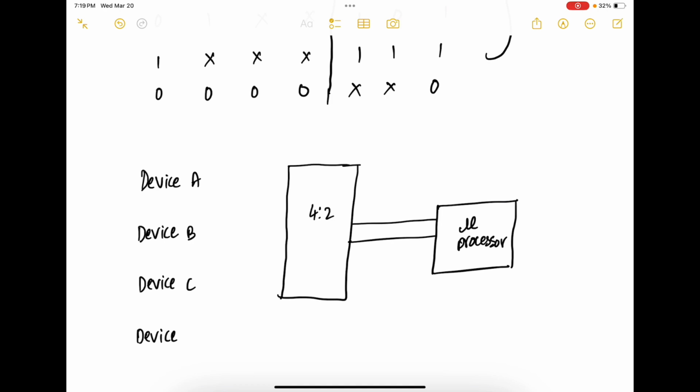Here, assume that A is a safety critical device, so it has the highest priority. So whenever A wants to communicate with the microprocessor, it is given the highest precedence, which means you don't really care what the other devices are doing. A is granted access to the microprocessor. B is given the next highest priority, C is given the next highest priority, and D gets the lowest priority.